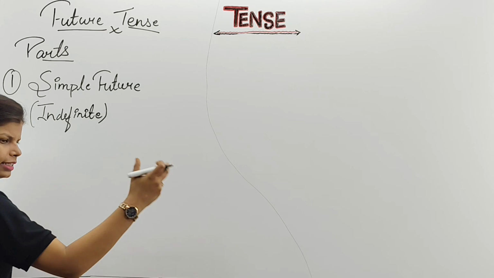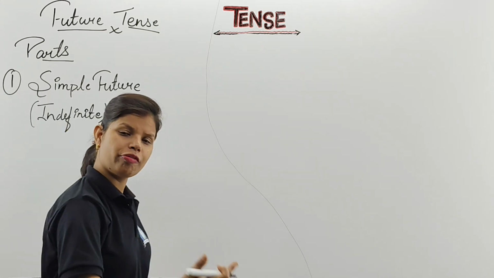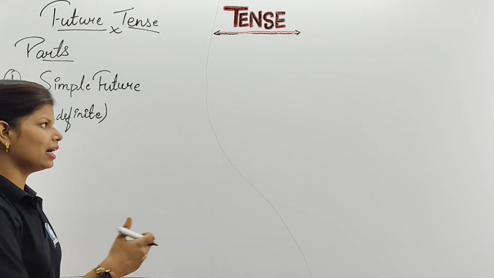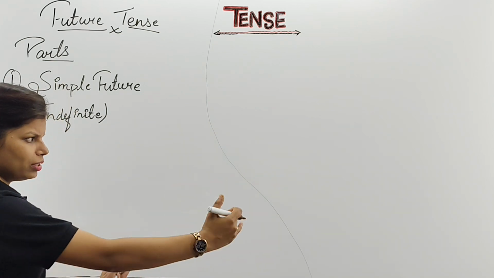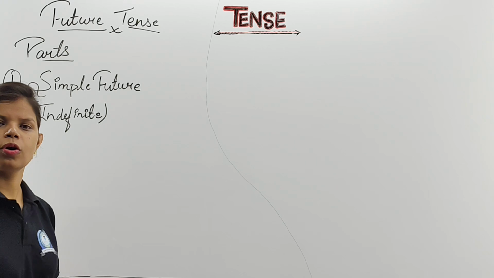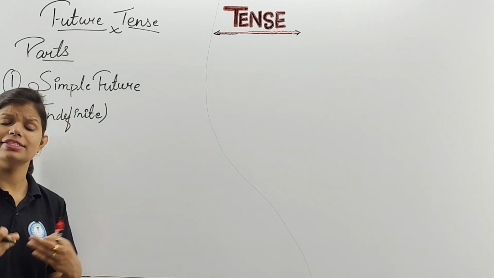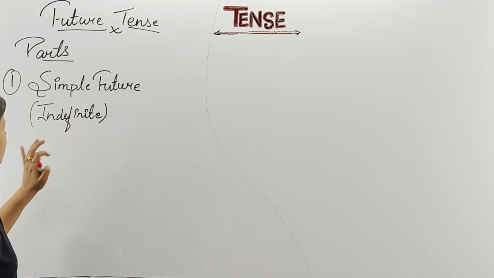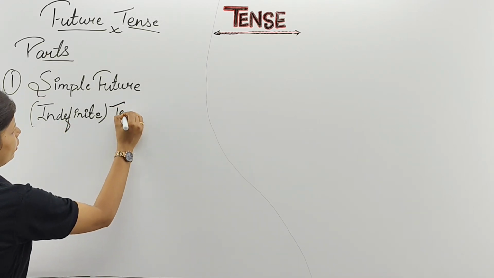When you watch these 3 videos one by one, you will find the resemblance, the similarity. Then you can understand what the exact differences are. You can note down these points on one side of your copy and start comparing them. Then it's easy for you to understand. Clear? So it is also called indefinite tense.